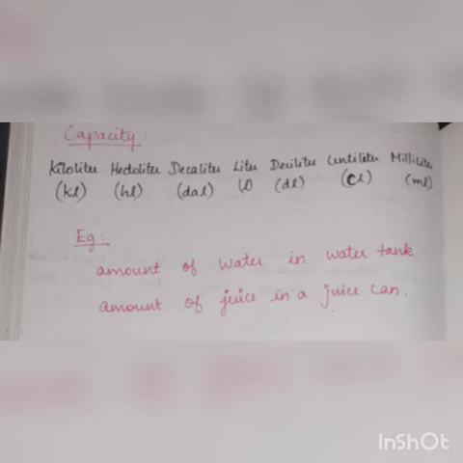You can see a 1000 liter tank that we keep on our terrace for household purposes. The amount of water in the water tank, how will we measure it? By using liters only, right? So for that purpose we will use capacity. The amount of water in a water tank, the amount of juice in a juice can, like that you can measure it.